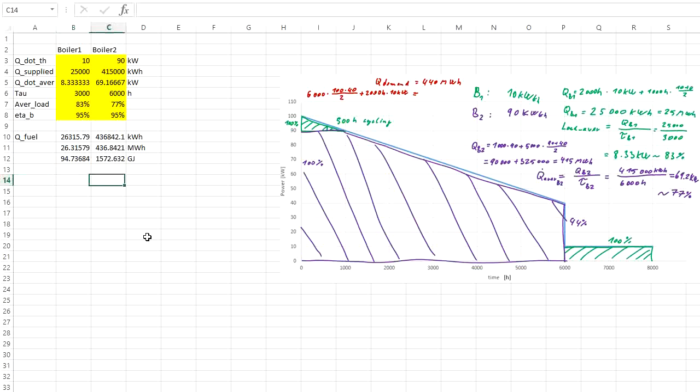And lastly, if the natural gas would have the heating value of 33.5 megajoules per normal cubic meter, we can also get the amount of the fuel as normal cubic meters.